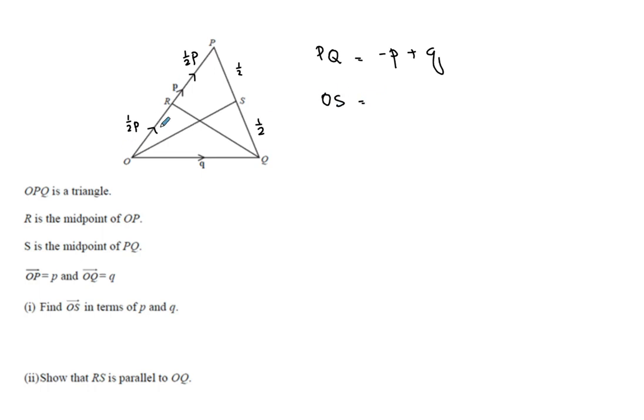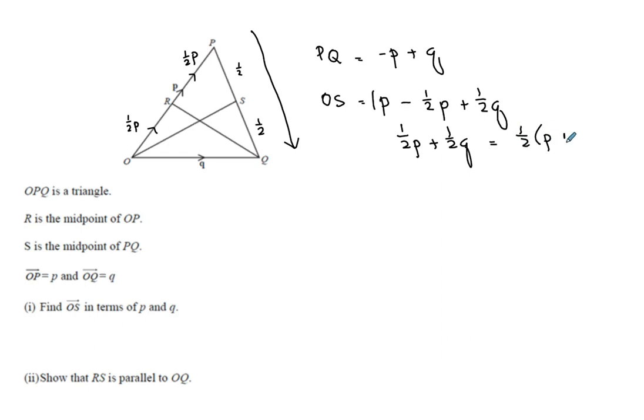So OS would be P, and then a half of PQ. So minus a half P plus a half Q. And you've got 1 minus a half is half P plus half Q. Factorize, and we've got half P plus Q. So that's our part 1.